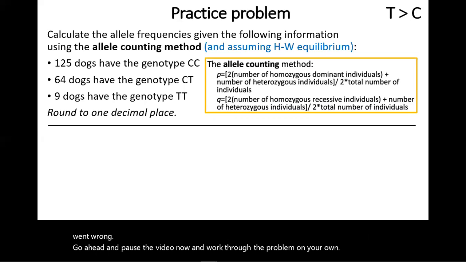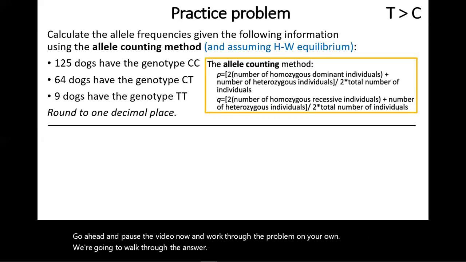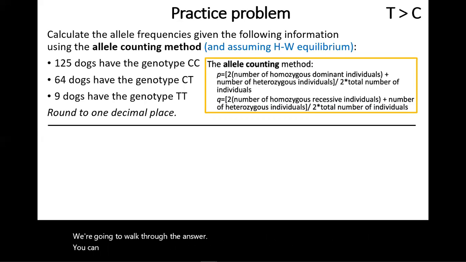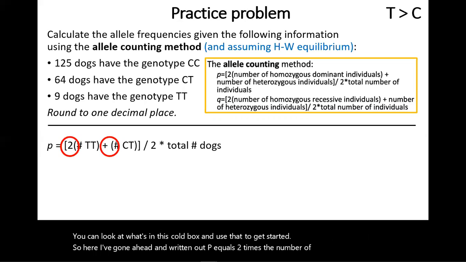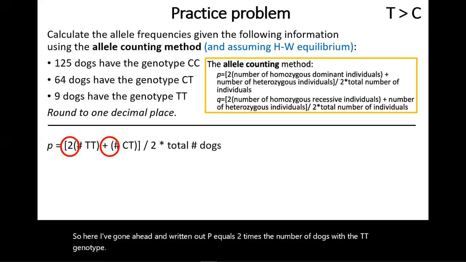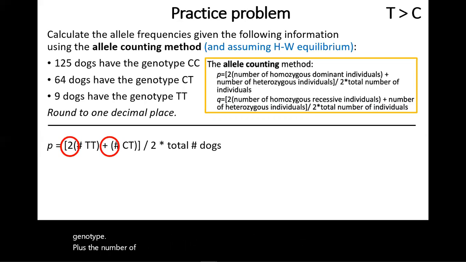Now we're going to walk through the answer. You can look at what's in this gold box and use that to get started. So here I've gone ahead and written out p equals 2 times the number of dogs with the TT genotype plus the number of dogs with the CT genotype divided by 2 times the total number of dogs.